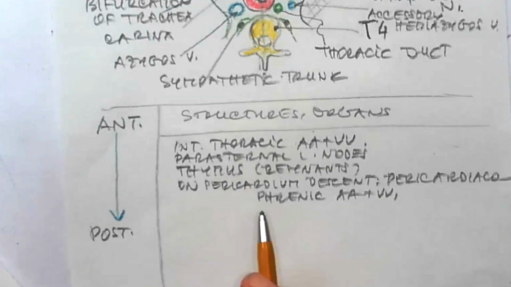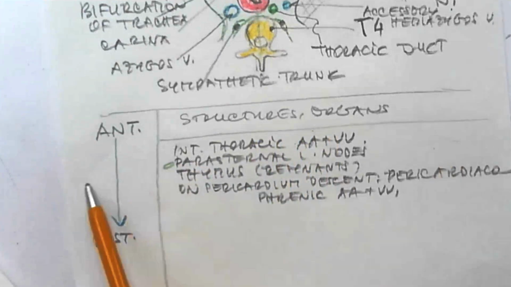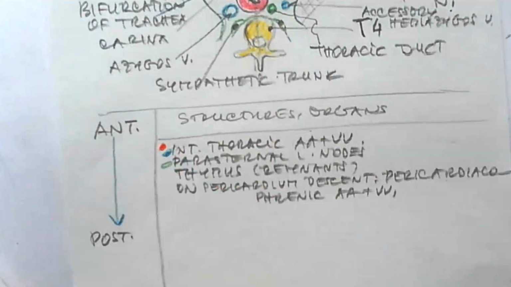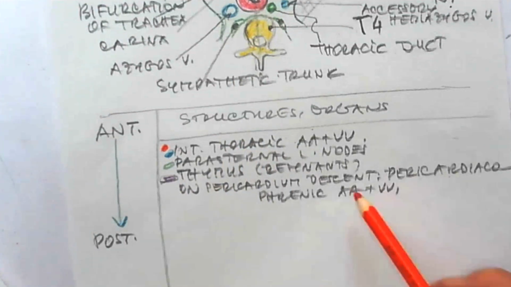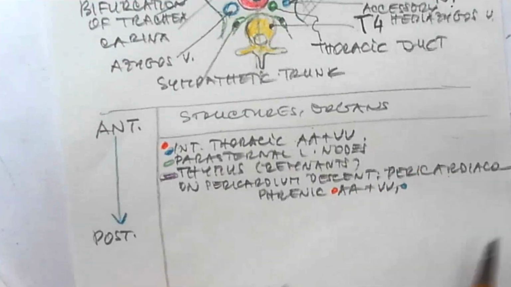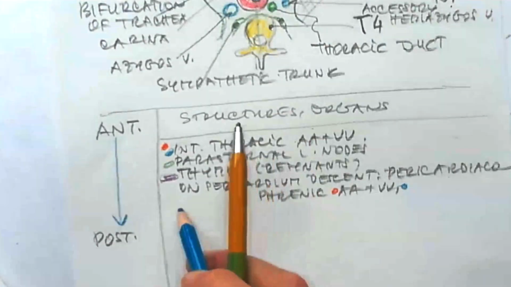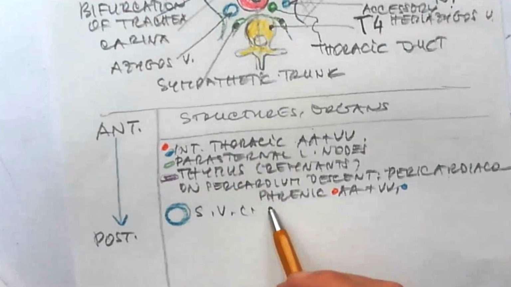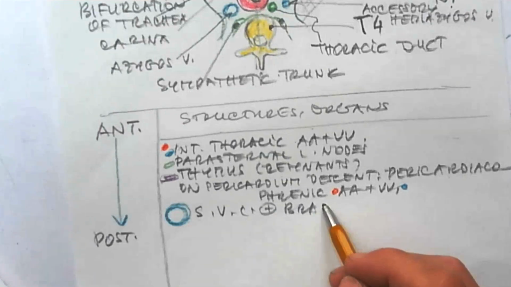Then what follows? I mean that it could be green for arteries and veins. Why not? Then the thymus, right? Thymus. Then the pericardiacophrenic arteries and veins, correct? Then in blue there is the vena cava, so the superior vena cava and the brachiocephalic veins, because they form the superior vena cava.